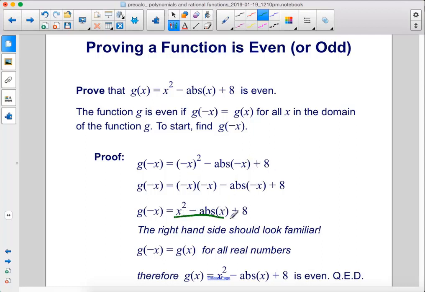So what we end up with is exactly what we started with. The right-hand side should look familiar because it is the original function. g of negative x is g of x for all real numbers, therefore the function is even.